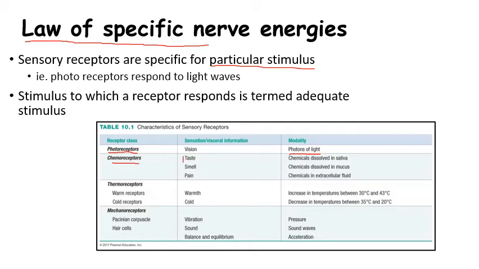Taste, smell, and pain are all examples of chemoreceptors. These are the modalities that elicit a generator potential in those sensory receptors. The stimulus to which a receptor responds is termed the adequate stimulus, and that refers to what elicits a response in the different receptors.